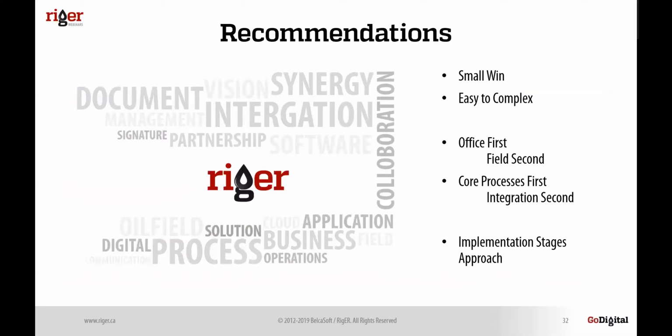Another approach we usually take is to implement Office first and Field second. In the first step we implement everything in the Office, in the cloud, and then we come to the second stage with field personnel and mobile applications, because we are 100% sure the Office works as it should.